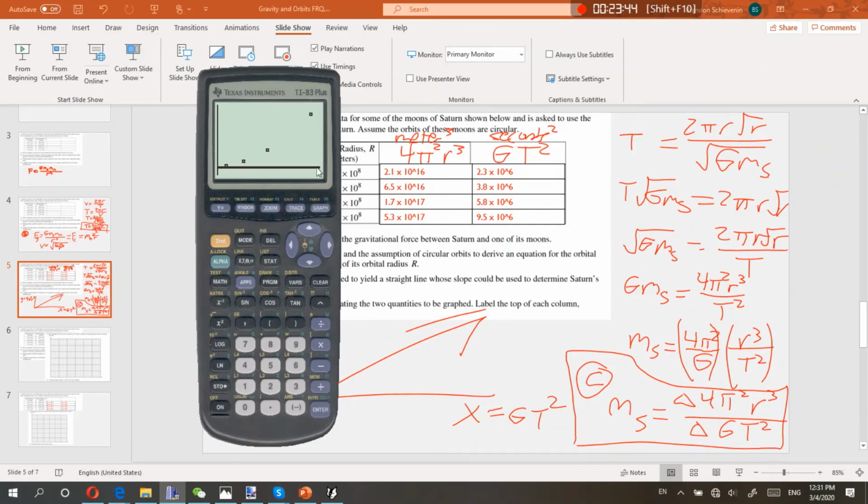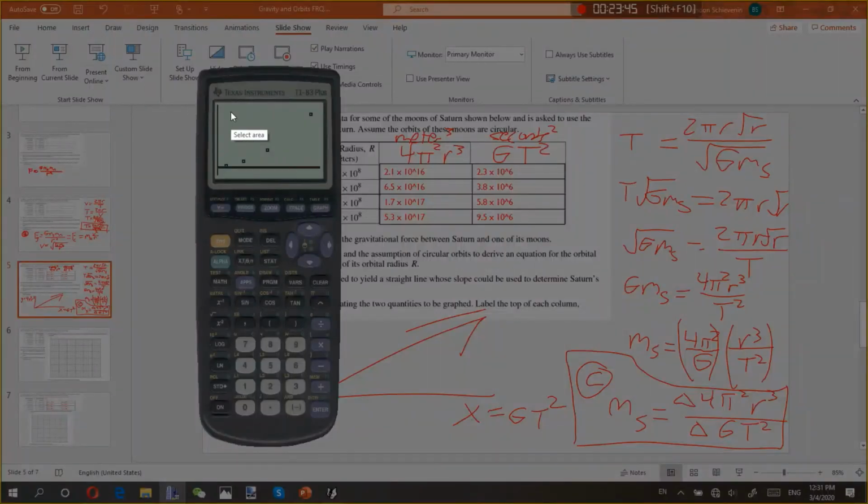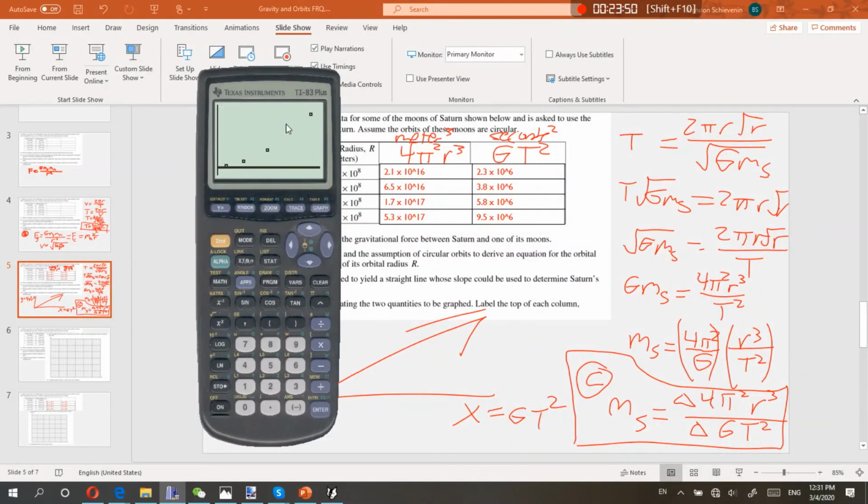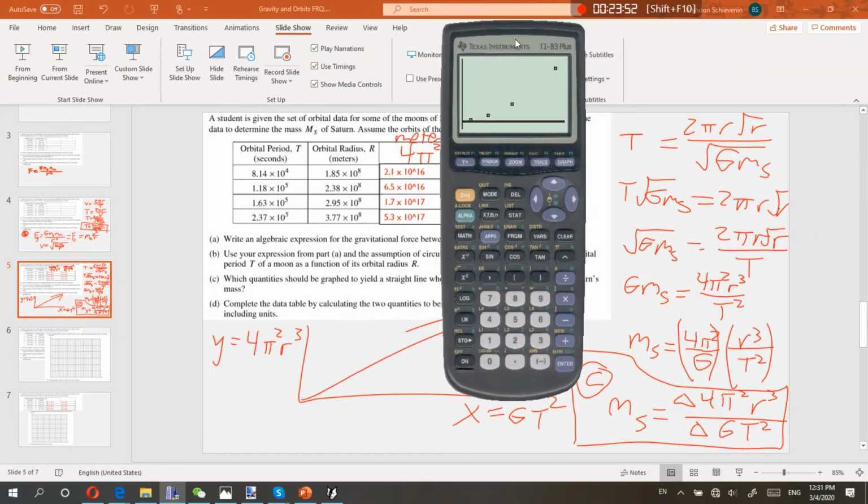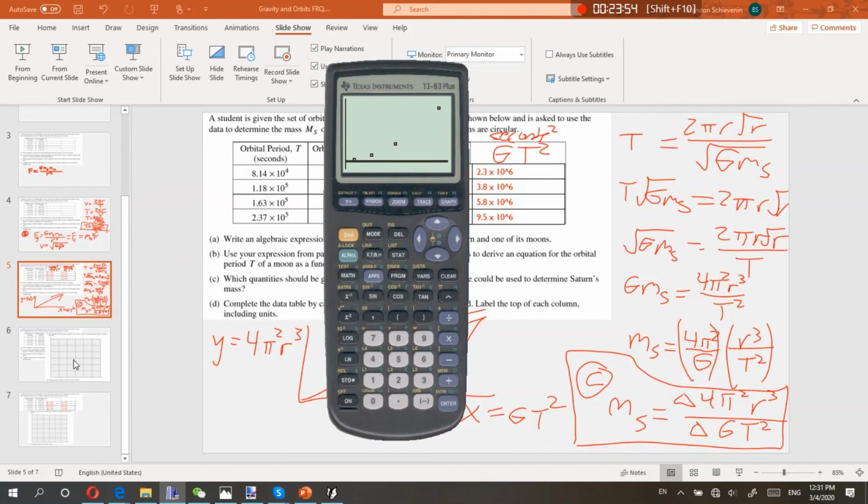Okay, so I'm going to take this, and then we'll use that to calculate our slope. I guess I could cheat and do that with the calculator too. We actually learned how to do this in pre-calc.